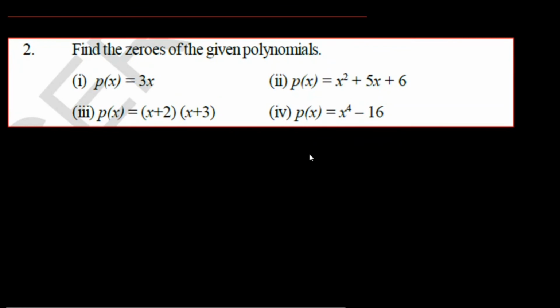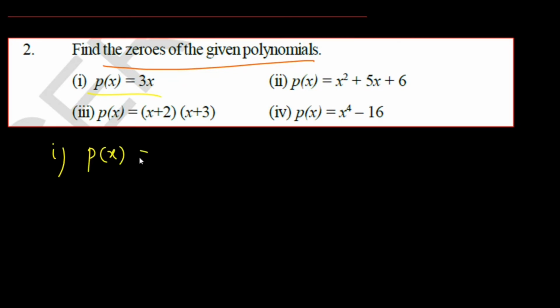Second question, find the zeros of the given polynomials. First one, p of x is equal to 3x. The zeros of the polynomials can be found out by equating the polynomial to 0 and solving for the variable. 3x is equal to 0.